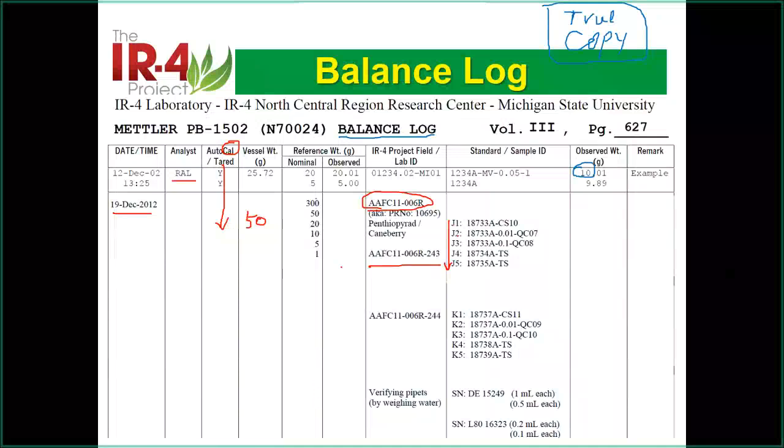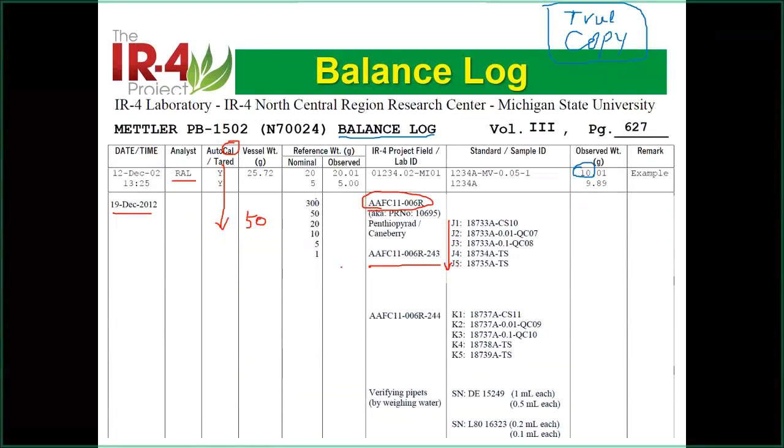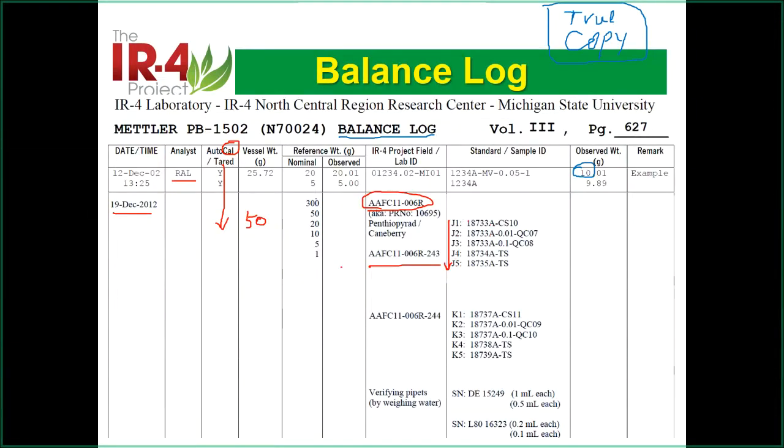So I've made J1, J2, J3, J4, J5. And this is your sample ID. This is a control. And this is the QC spike, 2 treated samples here. And this is called one set, or sometimes you call that one batch. That's okay. Okay, so in this case, that's it.